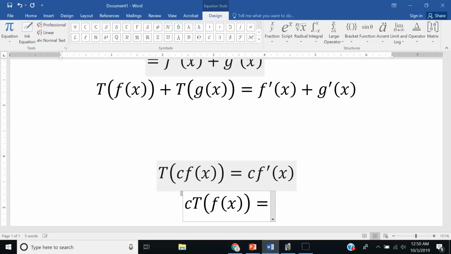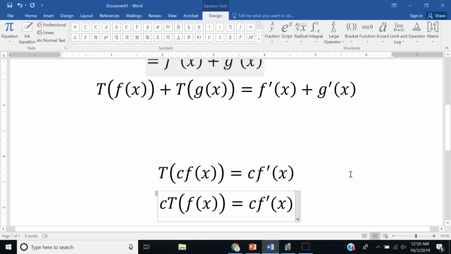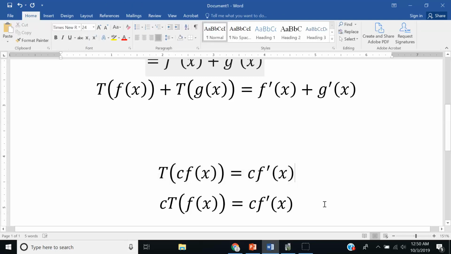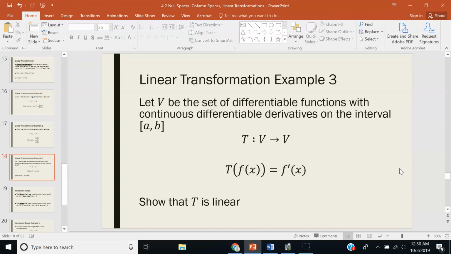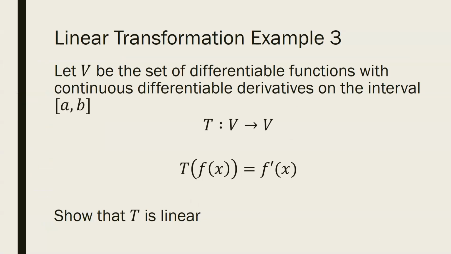So scalar times f prime in both cases, right? So the derivative operator preserves function addition and preserves scalar multiplication. So the derivative operator is a linear transformation on the set of differentiable functions.